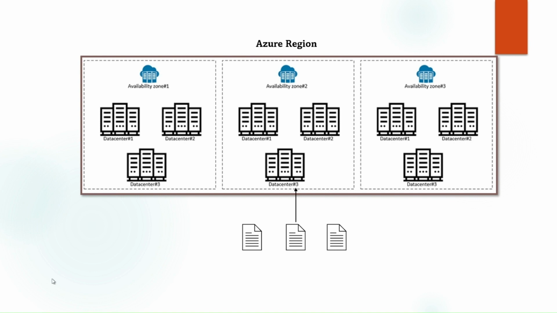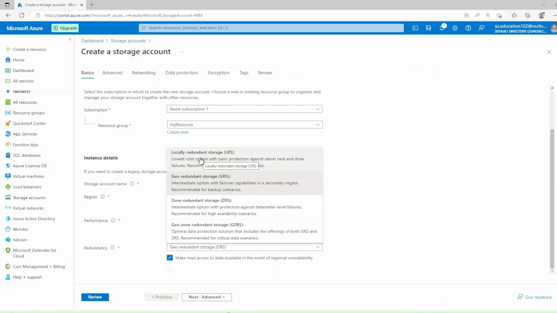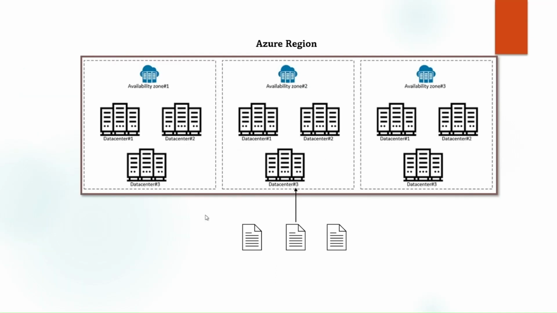So the first option that we have got ourselves is locally redundant storage, LRS. So LRS replicates your data 3 times within a single data center in a single region. So it will target, let's say, this data center, it will keep 3 of the copies into a single data center.